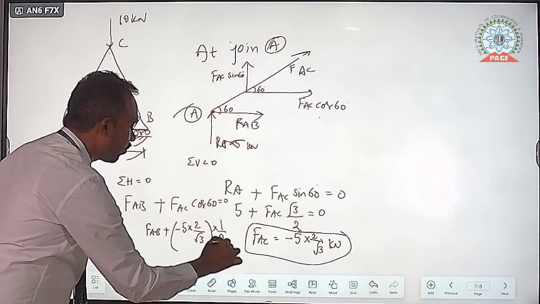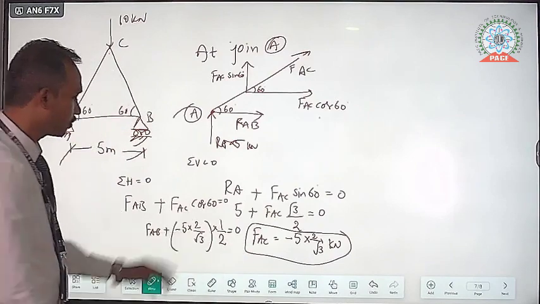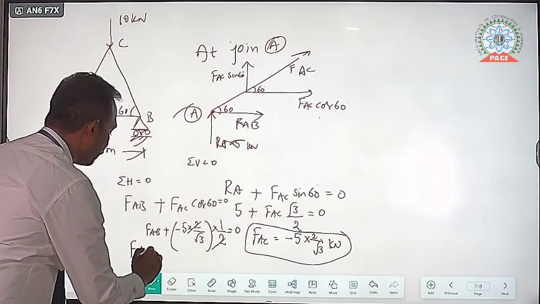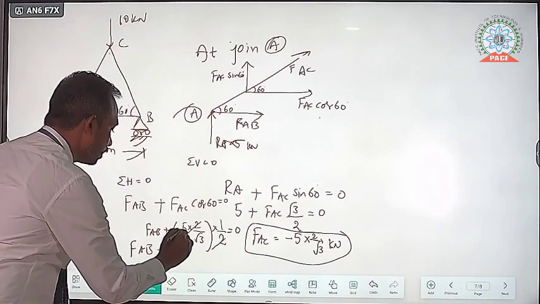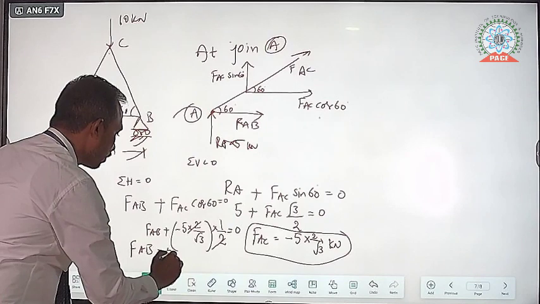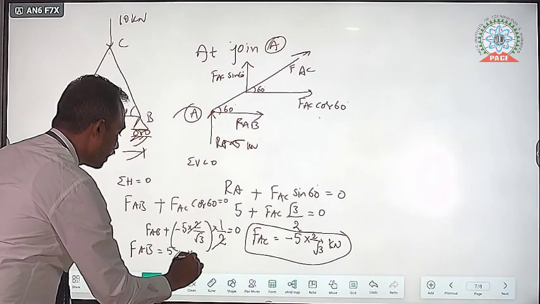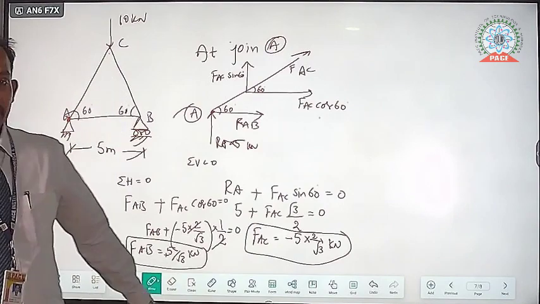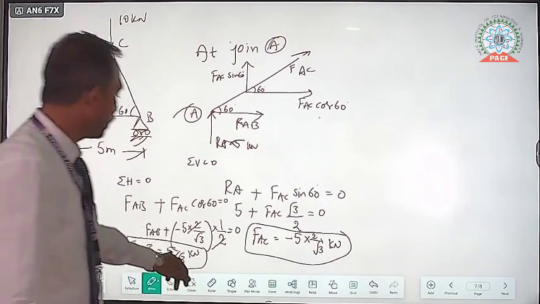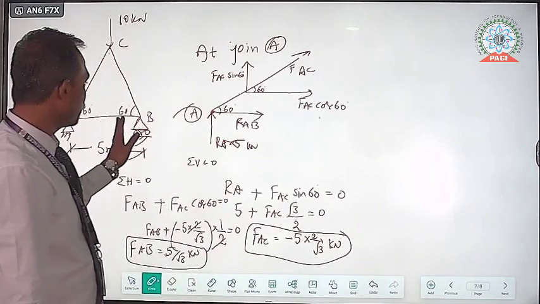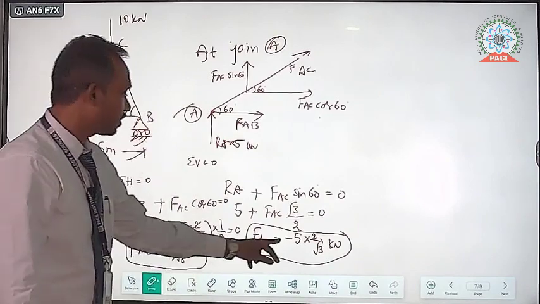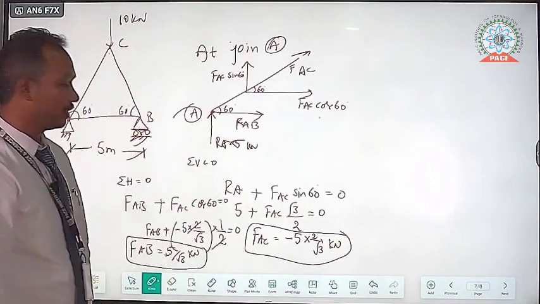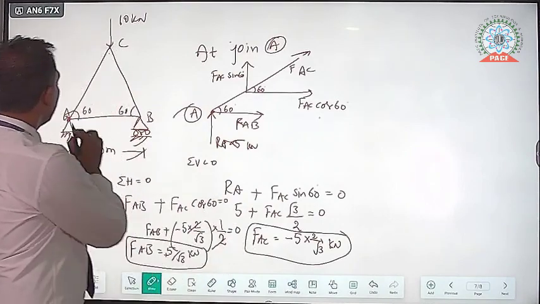So by cancelling this, FAB is equal to 5 by root 3 kilonewtons, and the sign convention is plus, which states that this is in the tensile state, and this one is in minus, which denotes that this is in the compression state.